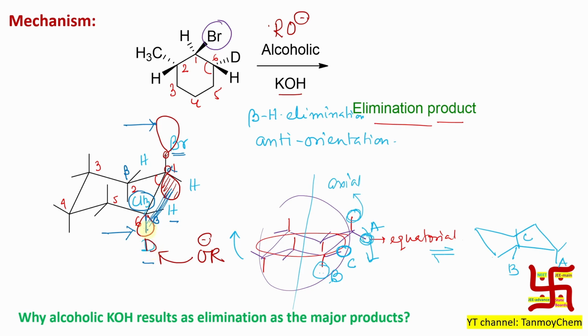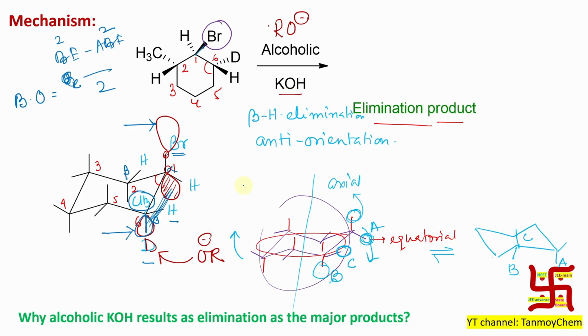This pair of electrons is donated or delocalized into the sigma star such that the bond order becomes, actually in this case, I'll say the number of bonding electrons minus the number of anti-bonding electrons divided by 2. Bonding electrons in sigma are 2 in the previous time when the C-Br bond was there, and right now one pair of electrons goes to sigma star. So you may consider 2 minus 2 equals 0, so it's a bond order of 0. In this way the bond breaks.